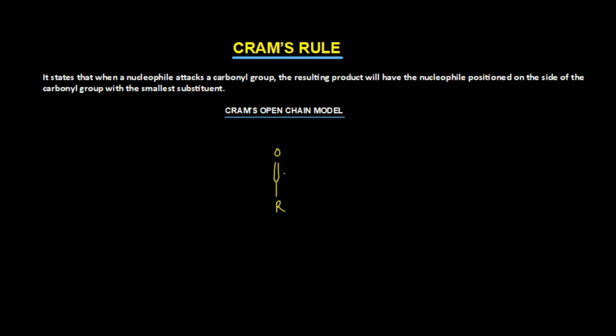Then you have the rear carbon, and on the rear carbon you have one alkyl group, the smaller one, say methyl. Then another alkyl group, which I am marking as M, where M stands for medium, say ethyl. And then I have attached one more group, RL, where L stands for large, say propyl.